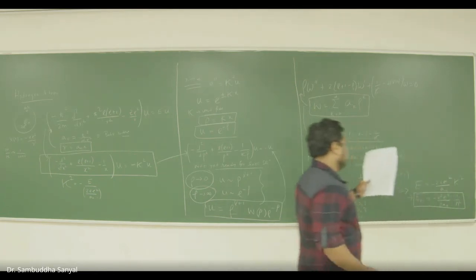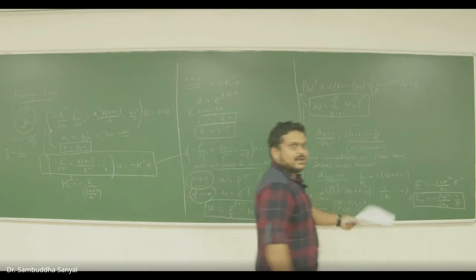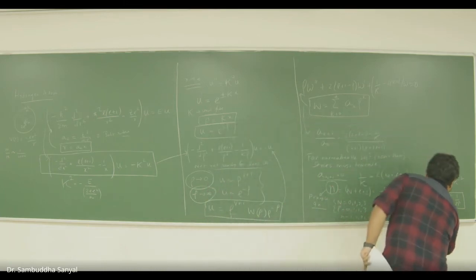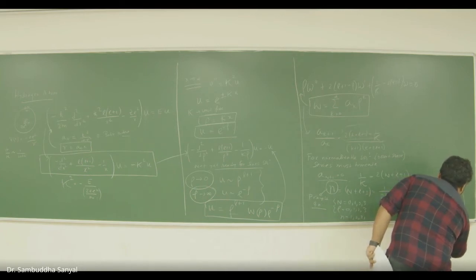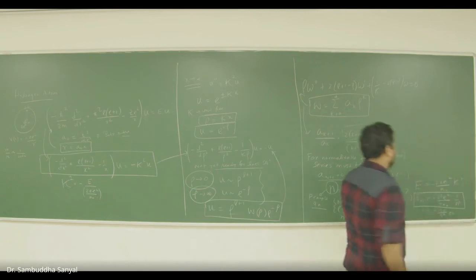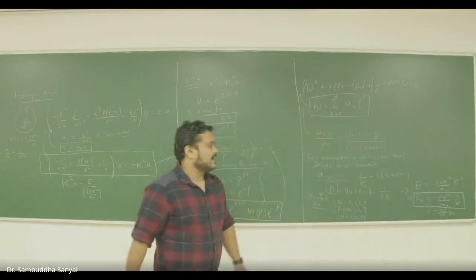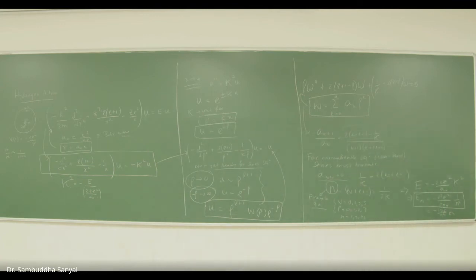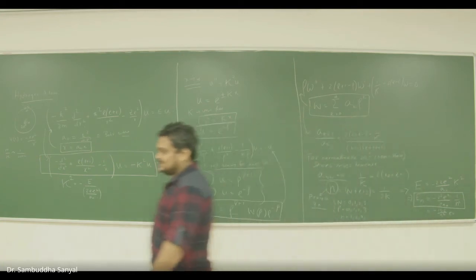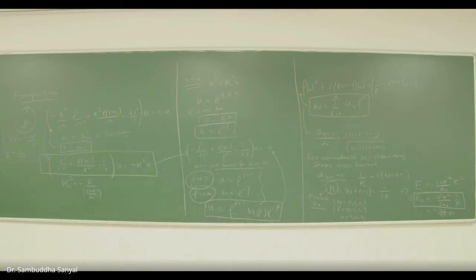Now if you actually put the numbers in units, this is minus 13.6 by n square in electron volts. So this is the famous result of the hydrogen atom spectrum, the hydrogen atom energy levels, which was precisely verified by experiment. And starting from the basic Schrodinger equation, we derived this.